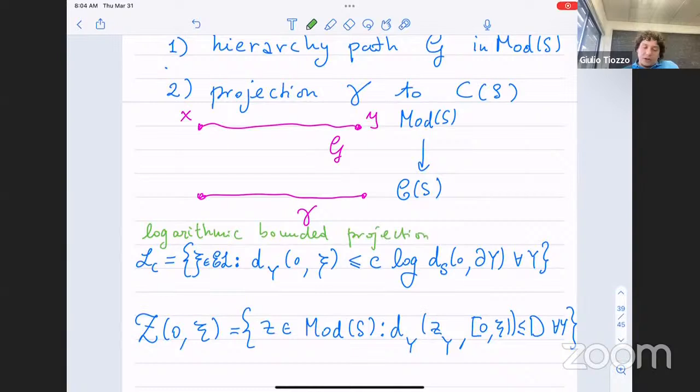So what is this space? Well, you take this infinite path, and then you want that the projection to each subsurface is controlled by the log distance in the big curve complex between the origin and the subsurface.